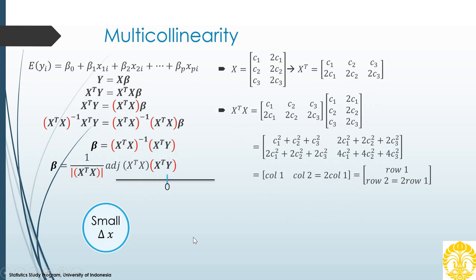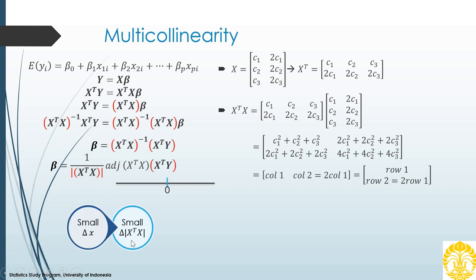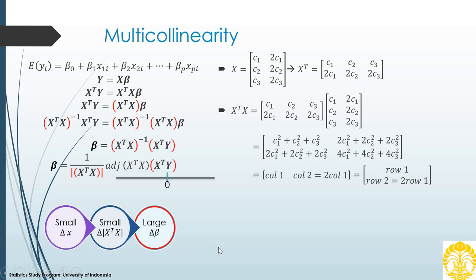Okay, so what's the problem with the determinant close to 0? It means that a small change in each of the X will change the determinant of X transpose X. Even a small change in the determinant, because it is down here in the denominator, will give a high difference in the estimated beta.